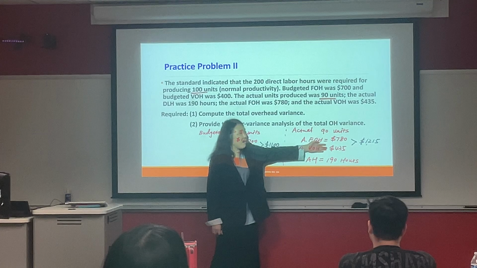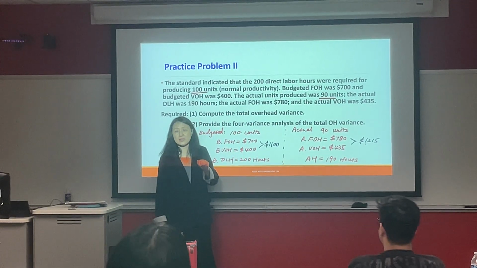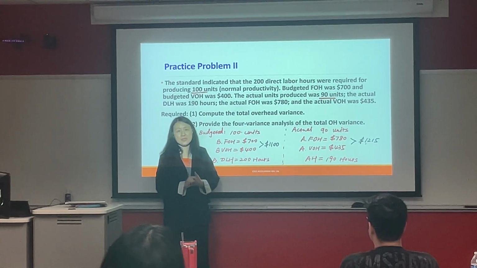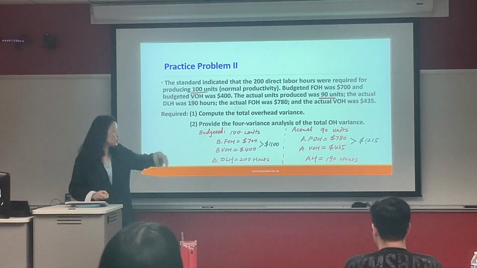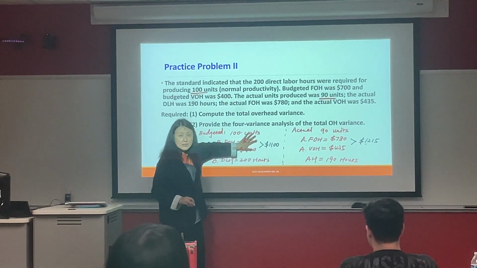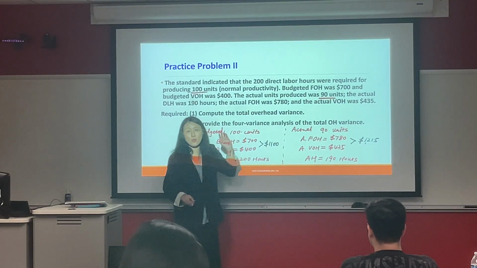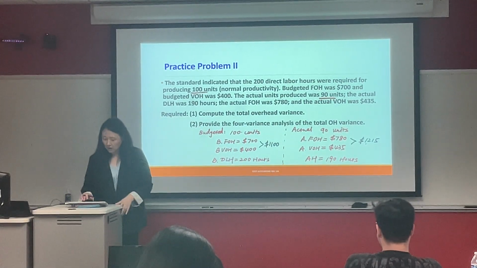This is the total cost for 90 units, this is the total cost for 100 units. You are not comparing apple to apple, that's the concept of the flexible budget. So how do we do this? We have to translate into, if we produce 90 units, what will be the budgeted or the applied or standard overhead?